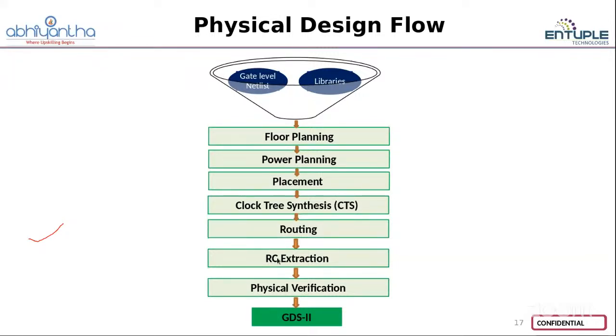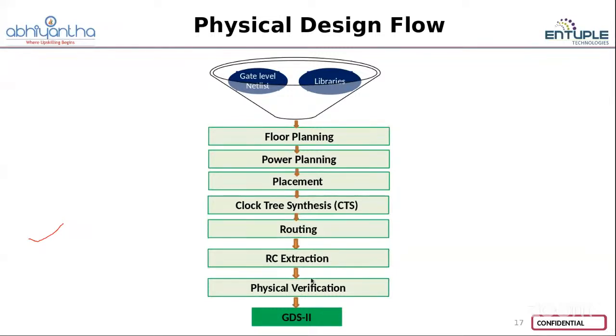RC means resistance and capacitance extraction from the circuit. Once these values are extracted, based on the product of your resistance and capacitance, your delay will get reduced, so that you are able to get the optimized circuit and achieve an optimized physical design.